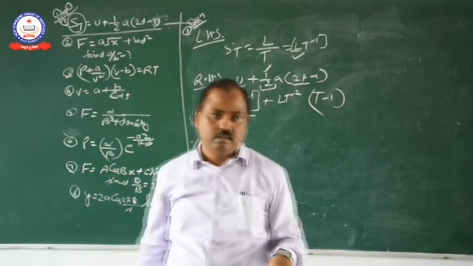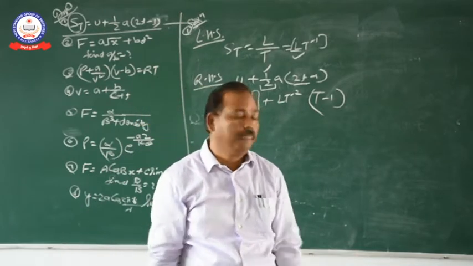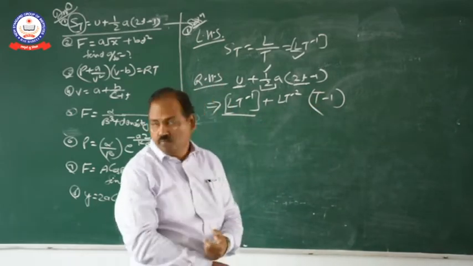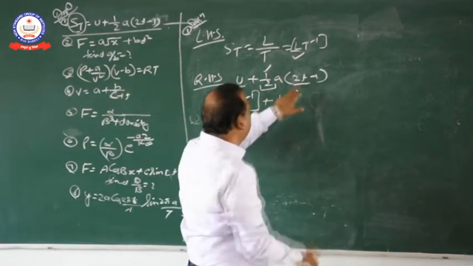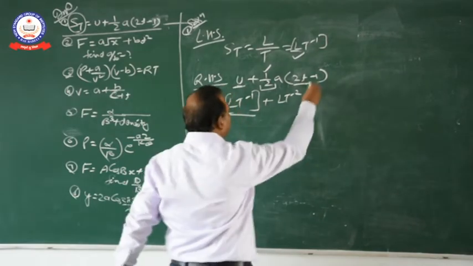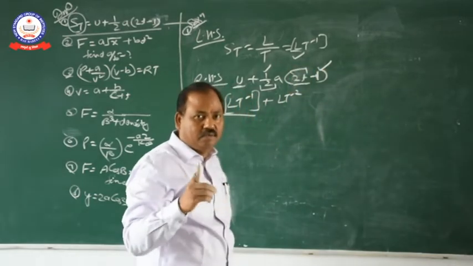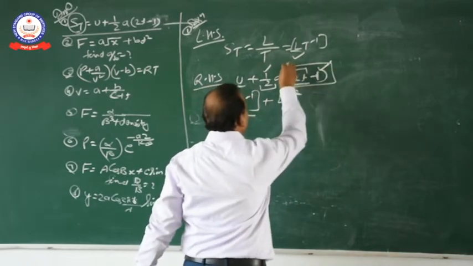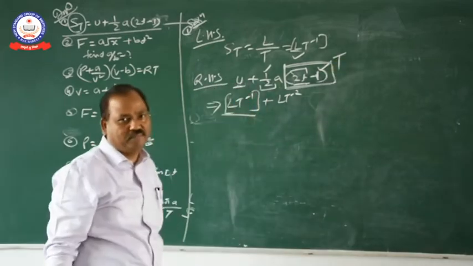But this formula is correct, as you studied. Here, students, this is the wrong process, because 2t minus 1 means 1 is subtracted in 2t, and that means the whole dimension of this term is t.